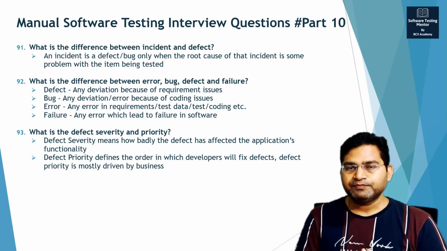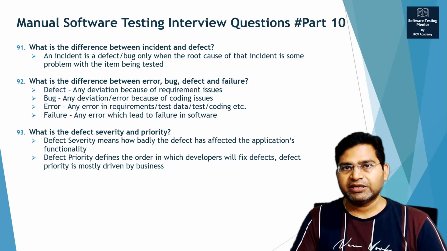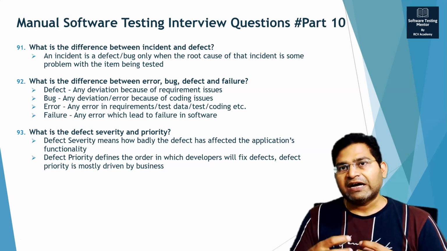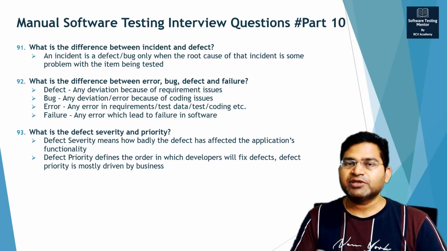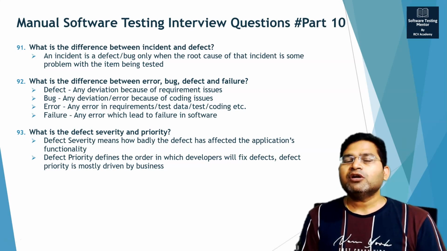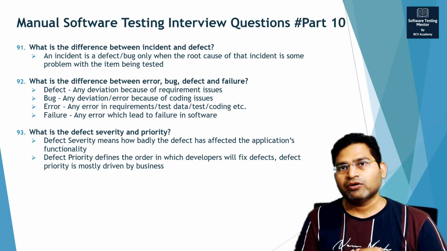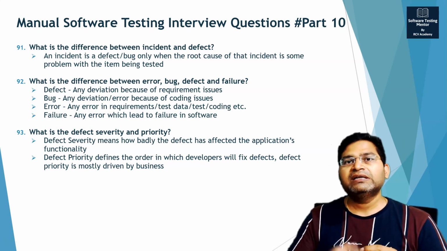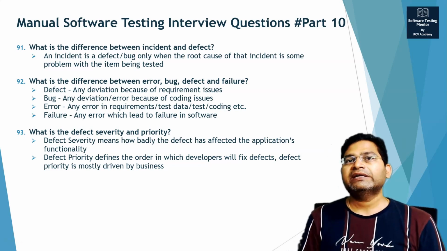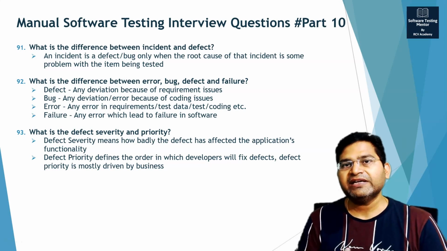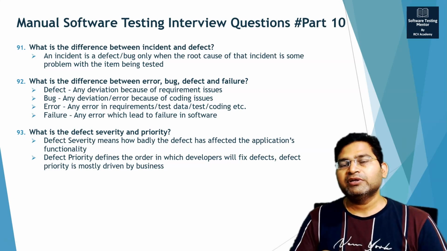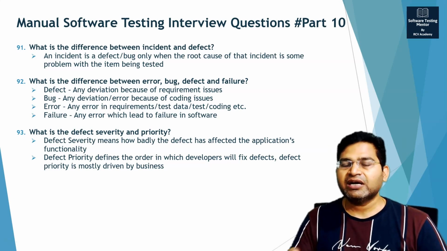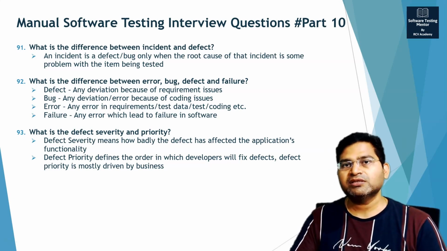Say for example, I am testing an e-commerce application. If I log in as a customer and I try to add items into the cart, and the items are not getting added into the cart at all, I cannot go ahead and proceed with any further scenarios, for example removing the item from the cart, checking out, making more purchases, doing the payment.